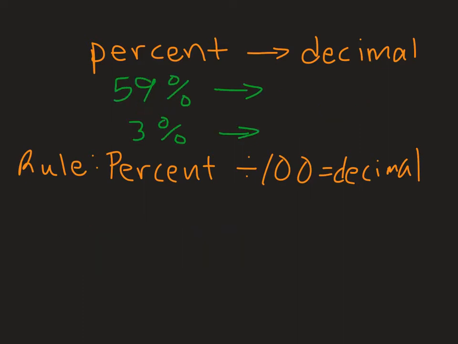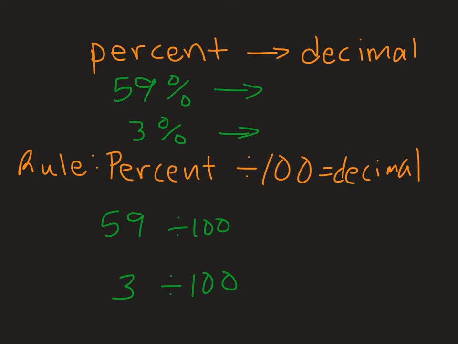All right, so you try these: 59% and 3%. Pause the video, see if you can figure them out. All right, so I'm going to jump into it. We're going to take each of those numbers, 59 and 3, right? So we just kind of ignore the percent sign. We do 59 and we take the 3, and we're going to divide it by 100, which of course means to move the decimal twice to the left.